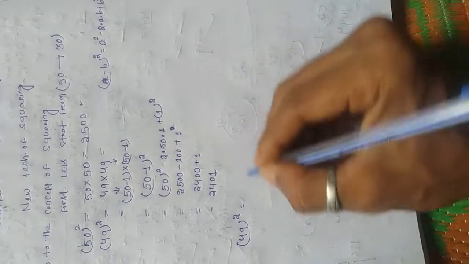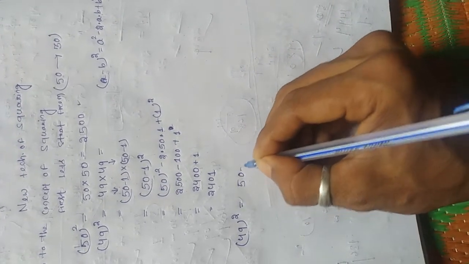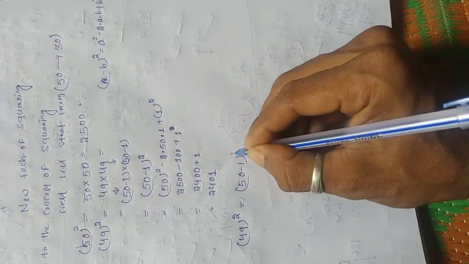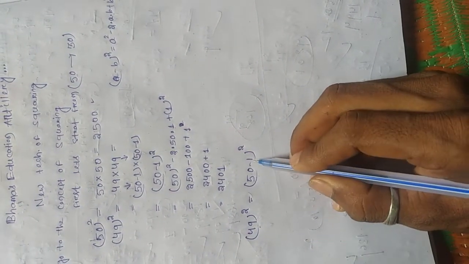49 square is equal to 50 minus 1 square. How can we form 49? 49 is equal to 50 minus 1.